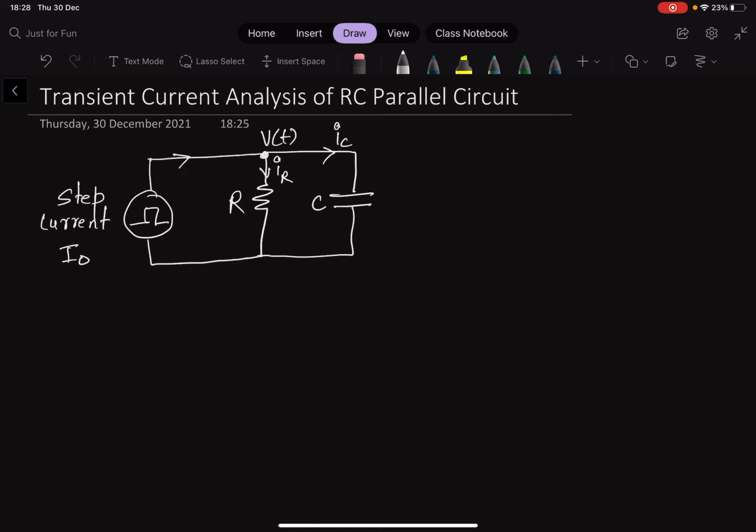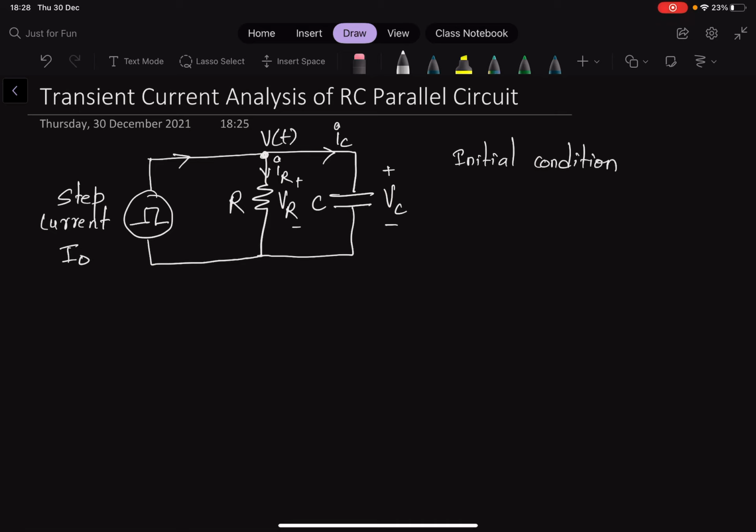And then we also know the voltage here is going to be VR, and this is going to be VC, plus minus and plus minus. So once we have drawn this circuit, RC circuit, which is parallel, let's consider the initial condition. The initial condition is given.